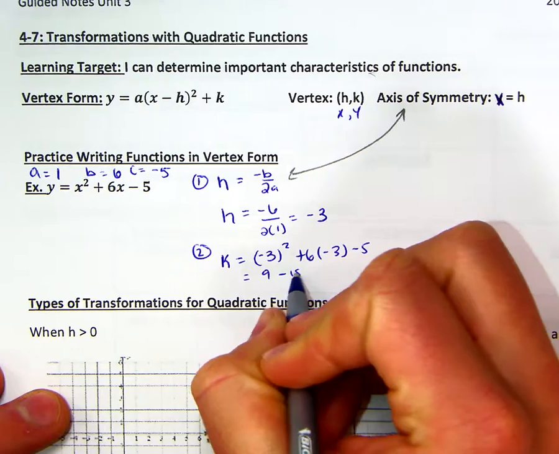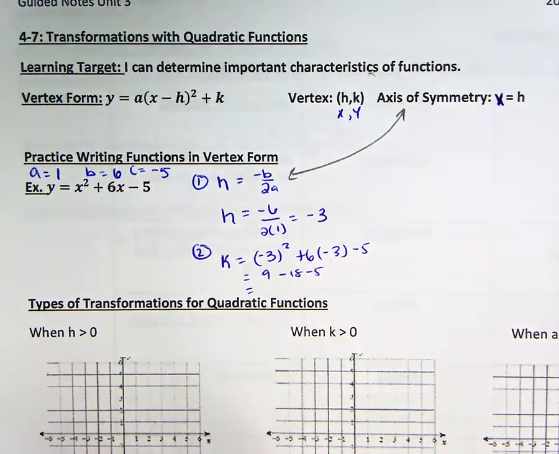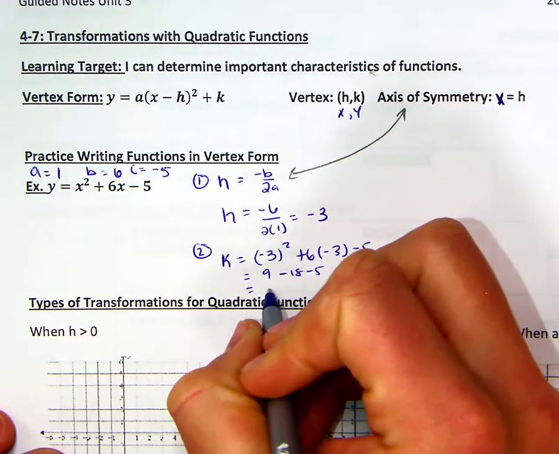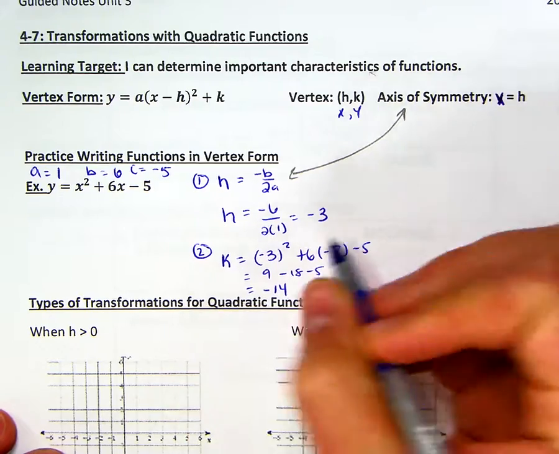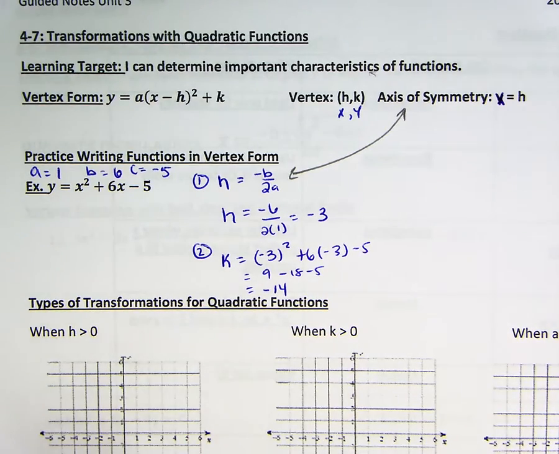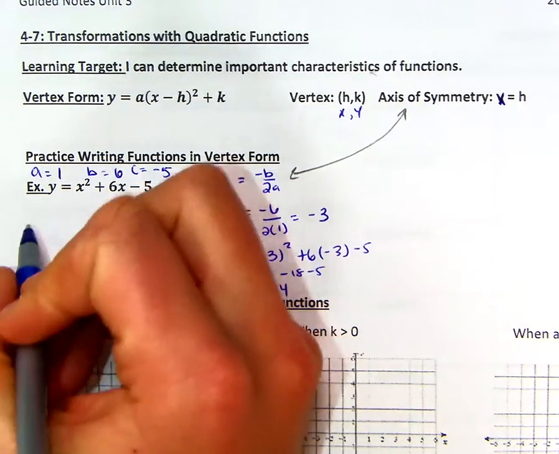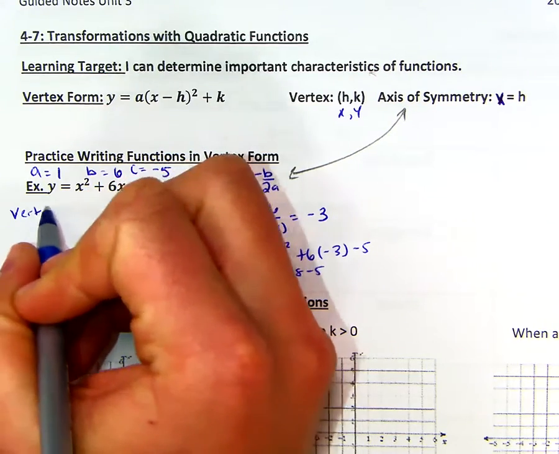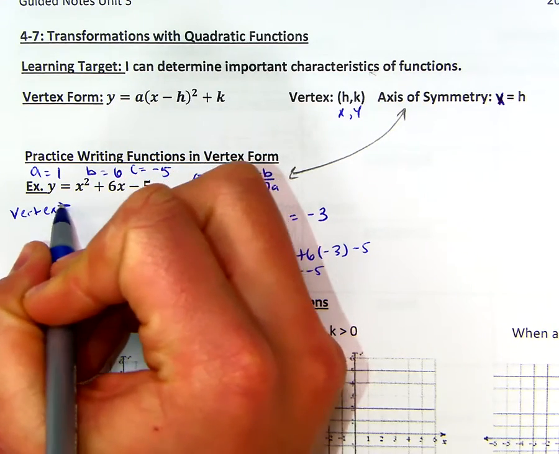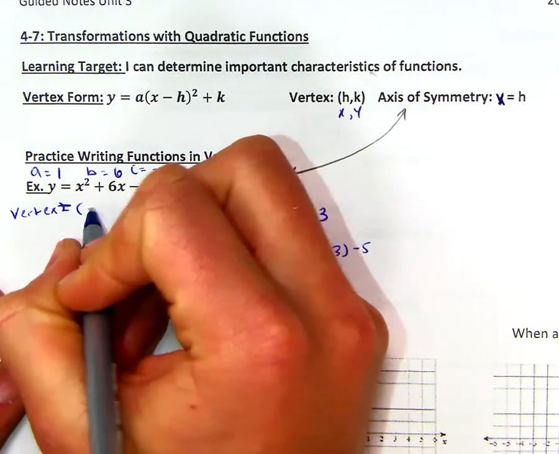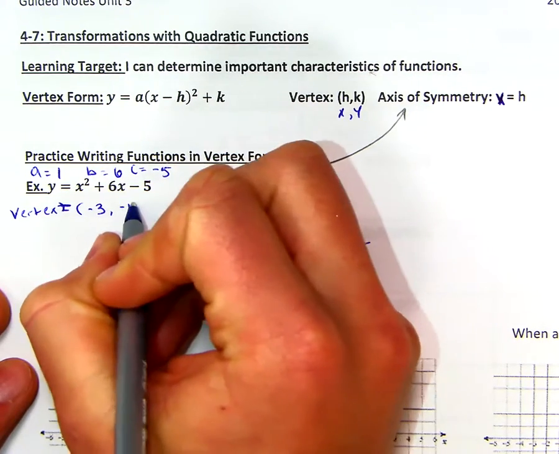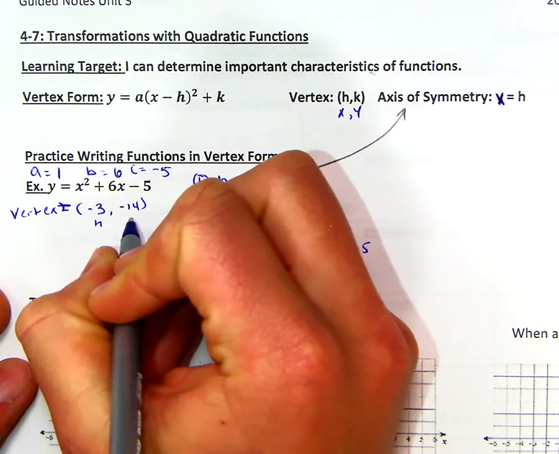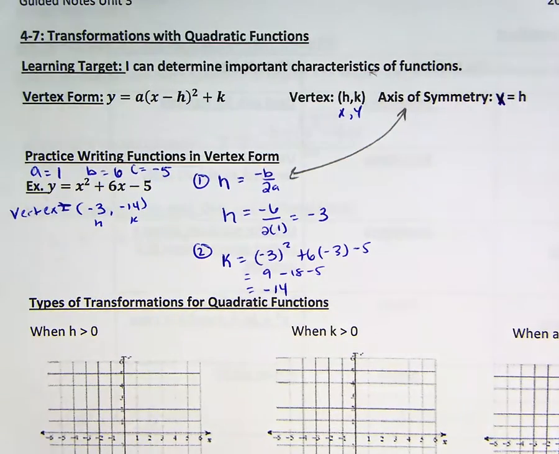So you get 9 minus 18 minus 5, and when you take 9 minus 18 minus 5, you get -14. So our vertex is -3 comma -14. This is our h, and that is our k.